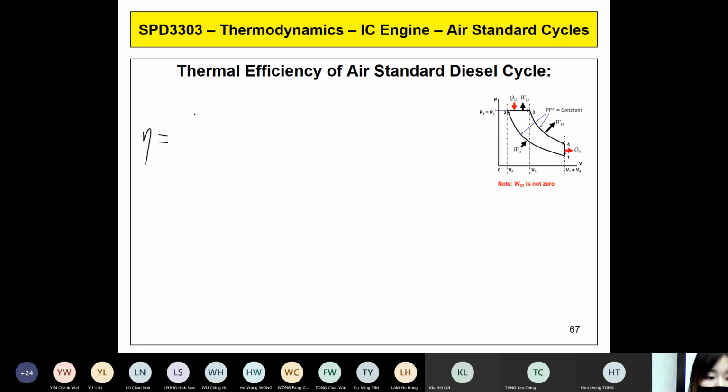The outcome here is our net work output. Our input is the heat supply. So for this cycle, the thermal efficiency is the net work output divided by the heat supply.